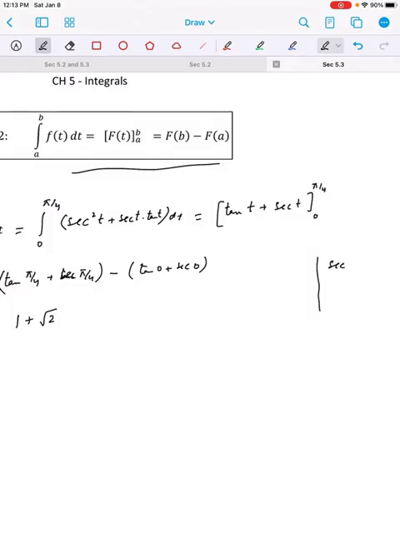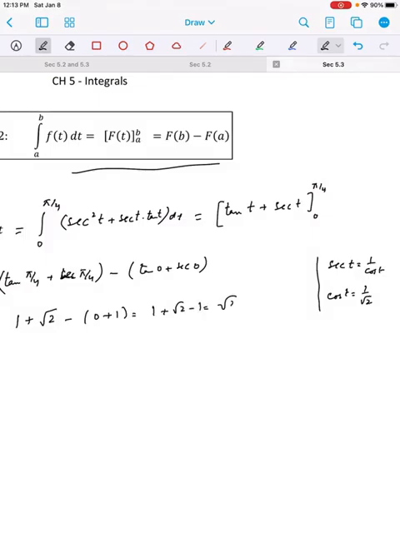So if I know cosine t is 1 over square root 2, then the secant t will be square root of 2. Minus, tangent of 0 is 0 and secant of 0 is 1. So we end up getting 1 plus square root of 2 minus 1, or just square root 2 as our answer.